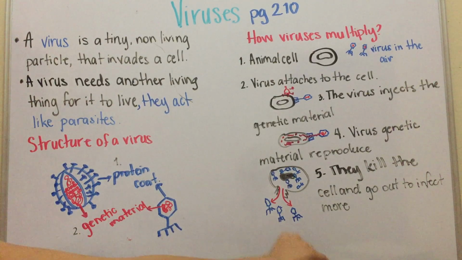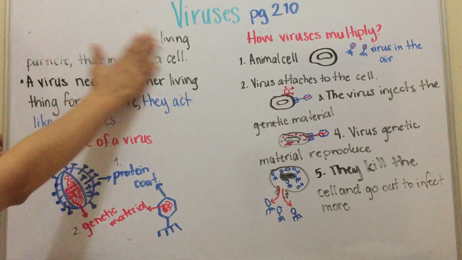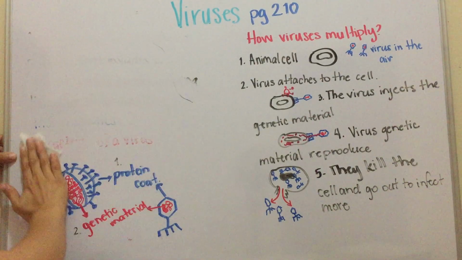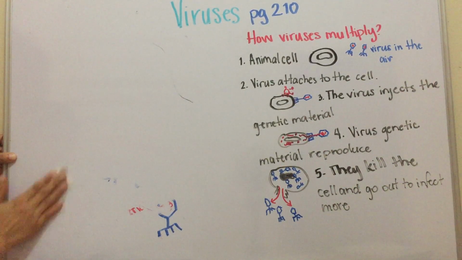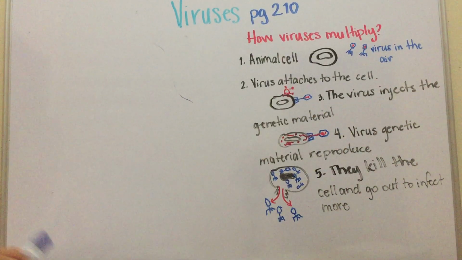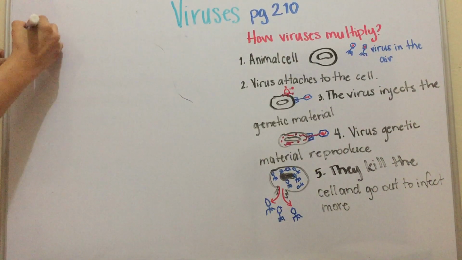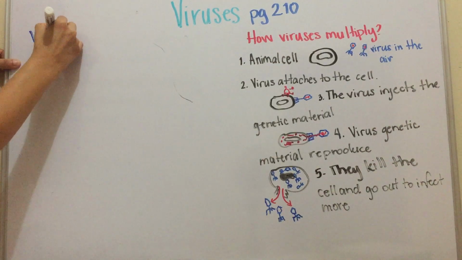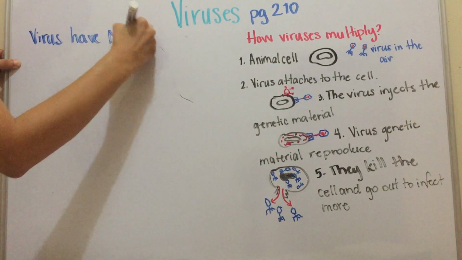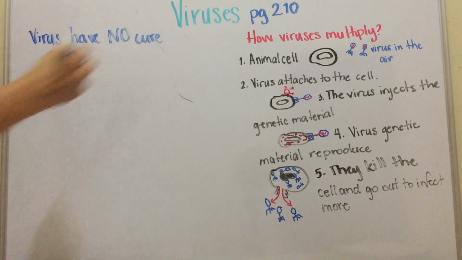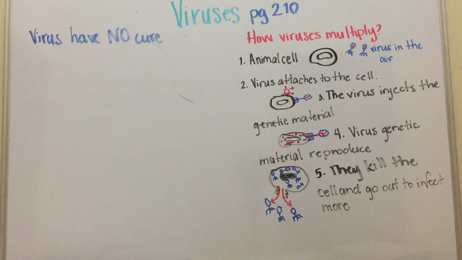It is very important for you to know that a virus does not have a cure. So how do we treat viruses? Viruses have no cure. No cure. So what do I do if I have a viral disease?